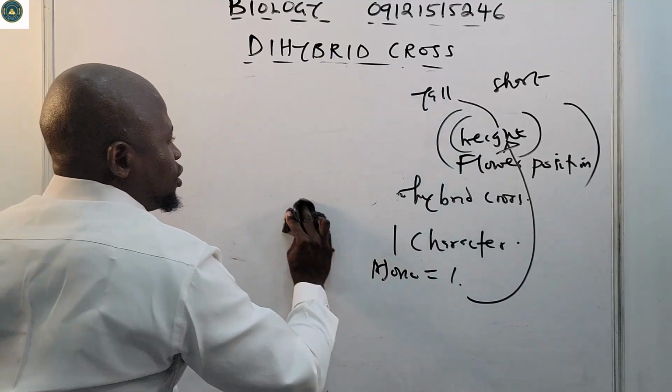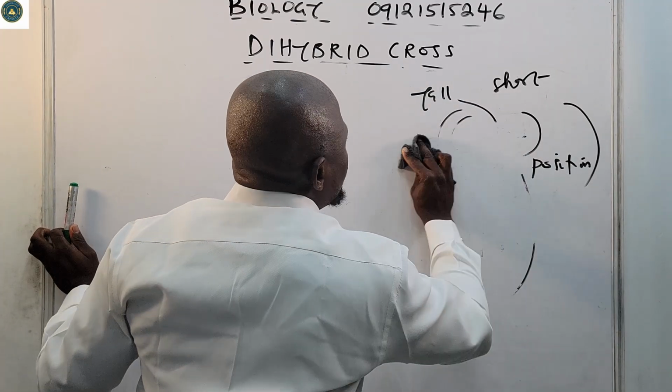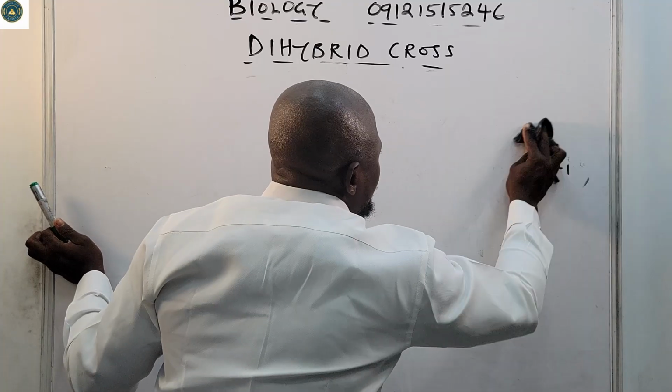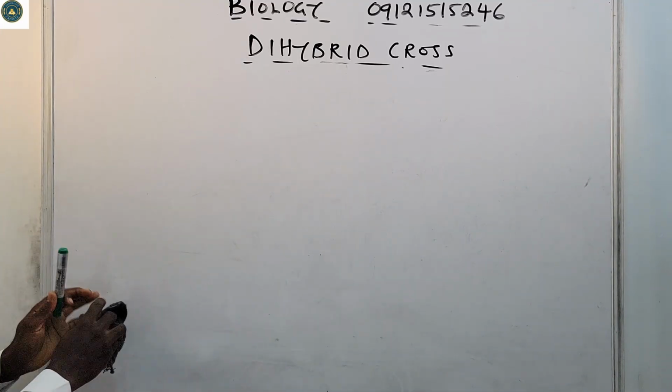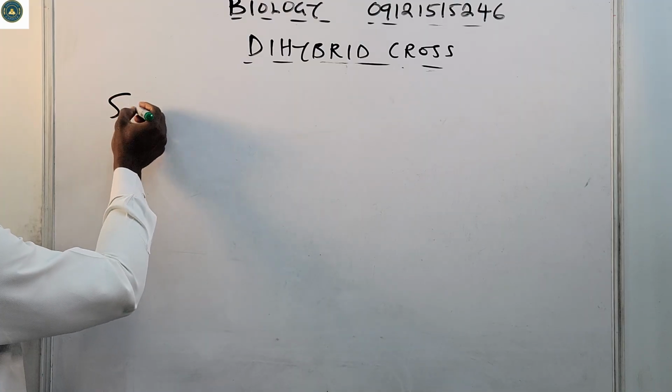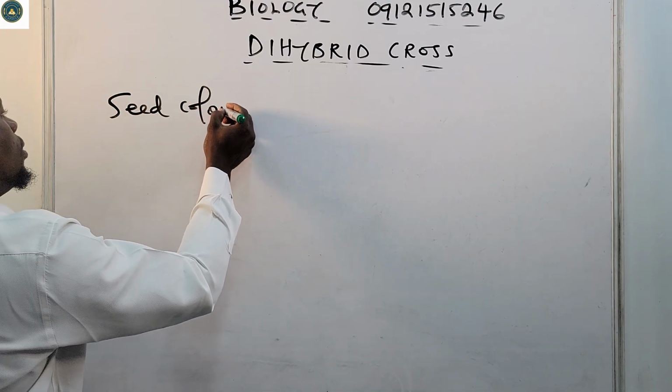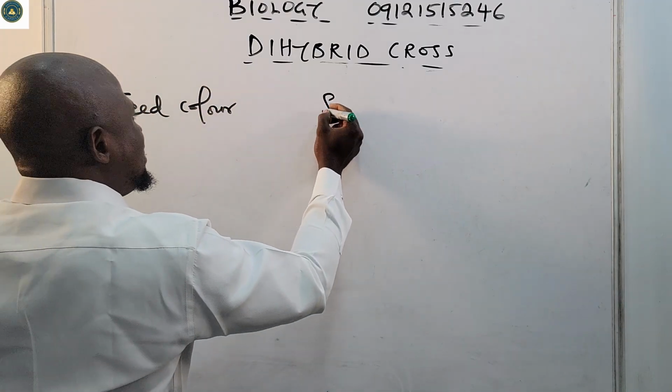So for dihybrid cross, we are considering two characters. What two characters are we considering? We are going to consider seed color and then seed shape.